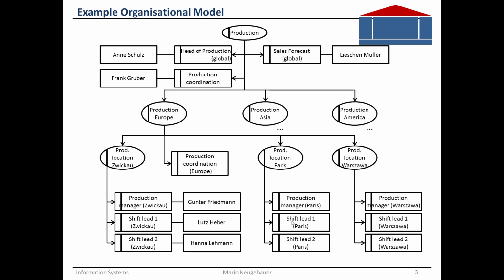The same might be the case here in Paris. In Paris you have concrete positions, production manager in Paris, shift lead 1 and shift lead 2, and maybe you also have concrete names, but it doesn't matter. You see that you can assign concrete names, and you might also neglect them. In Warsaw it's the same. You have production manager, you have a shift lead 1 and 2.